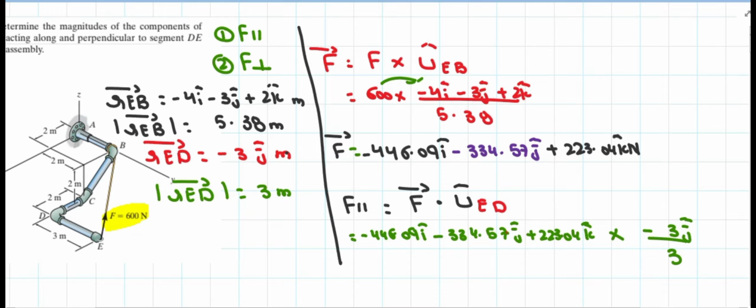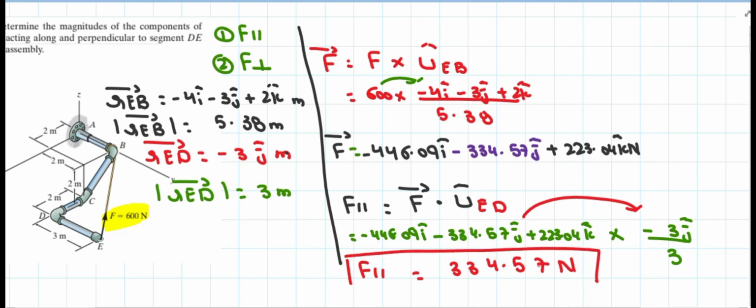Now simply multiply negative 334.57 j cap with negative 3j cap and divide by 3. It is equal to 334.57 Newton. This is the parallel component of force F acting along the DE segment.